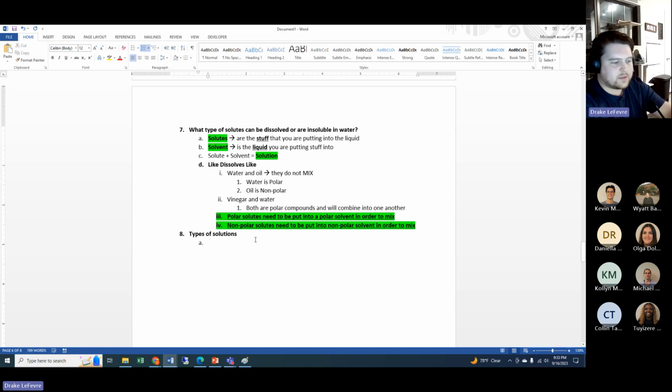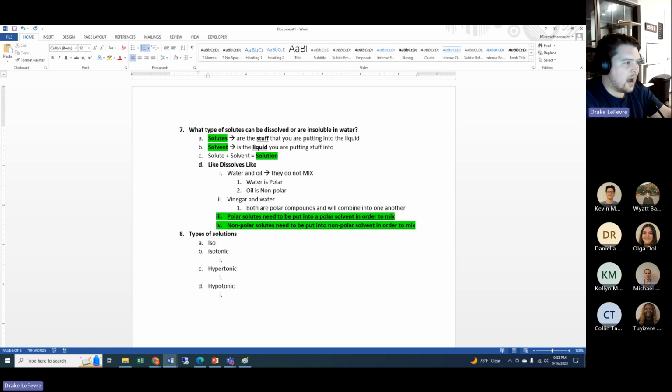Okay, different types of solutions. We have isotonic, hypertonic, and hypotonic. Another thing I really recommend is starting to learn the prefixes and the suffixes of the words.